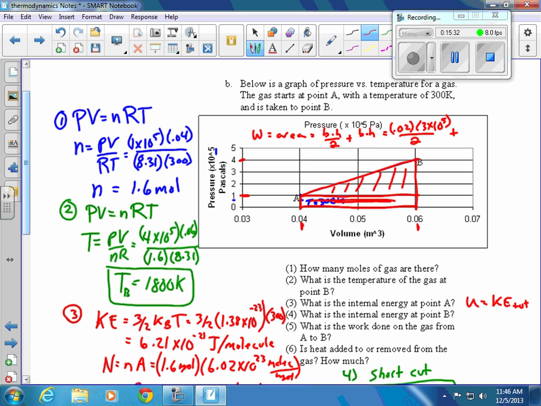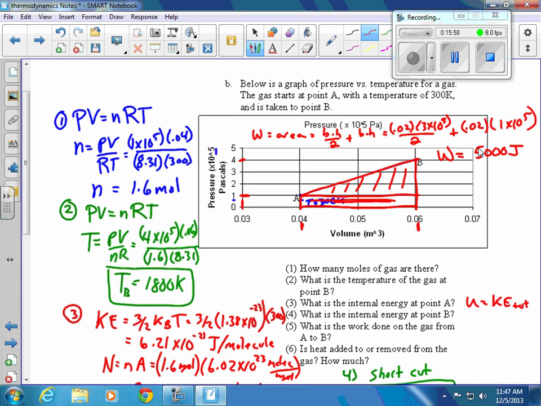It's this 0.02. Then this time the height is here from 0 to 1, so it's going to be 1 times 10 to the 5th. And when I do that, I get that the work is equal to 5,000 joules. Now, before we go on, we got to say, whoa, stop, hold on a minute.